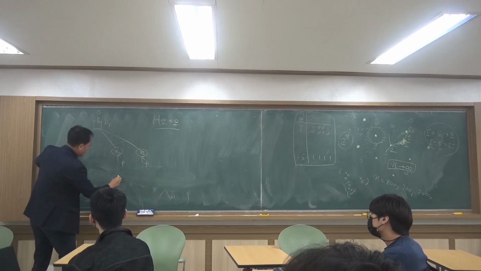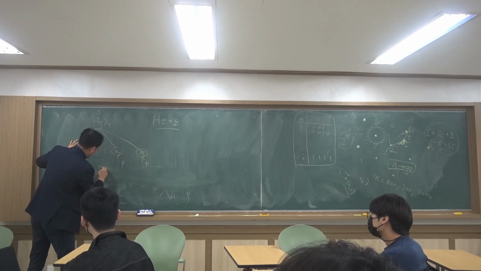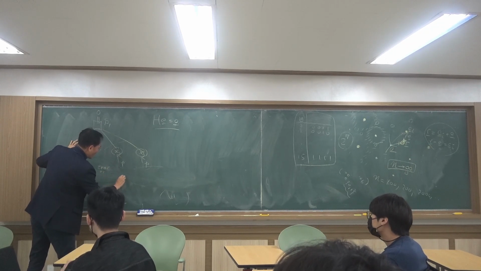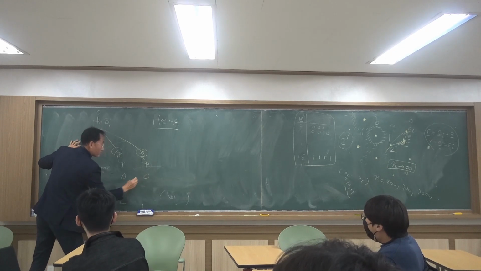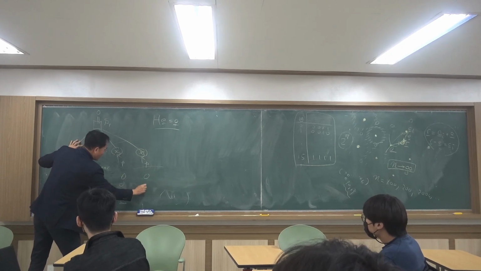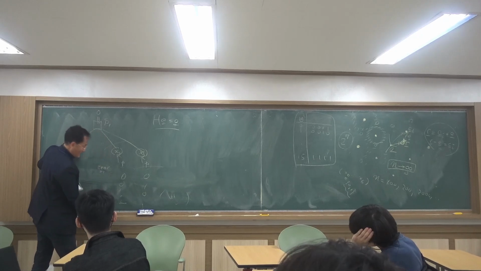So what is the case? I will describe error as 1. Okay? Error is equal to 1. Right? So no error, both of them. This one is in error, but this one is not. This one is in error, but this one is not. Both of them error. Okay?